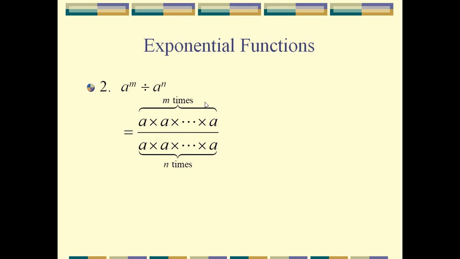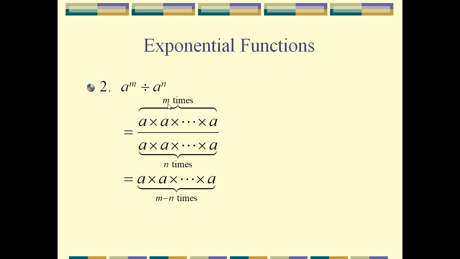By the definition, the a to the power m you can place in the numerator as a multiplied by itself m times, and then divided by a multiplied by itself n times in the denominator. By cancellation, we can say that they are altogether m minus n times here.